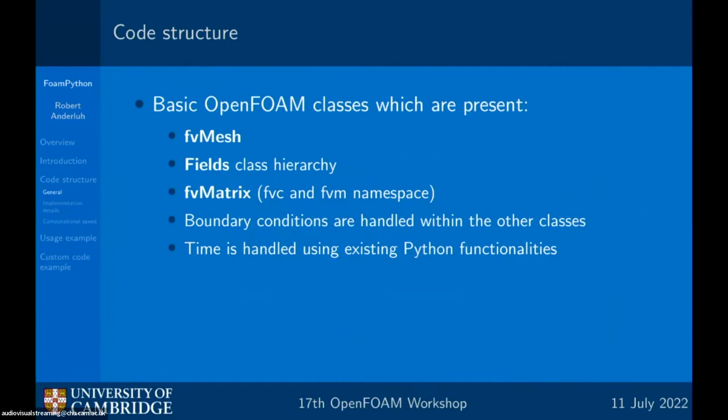Of the basic OpenFOAM classes which are present, which were a necessity to have all of the functionalities that I mentioned, they are the FV mesh, the fields class hierarchy, so volume vector field, scalar field, and so on, and FV matrix, including the FVC and FVM namespaces as seen in OpenFOAM.